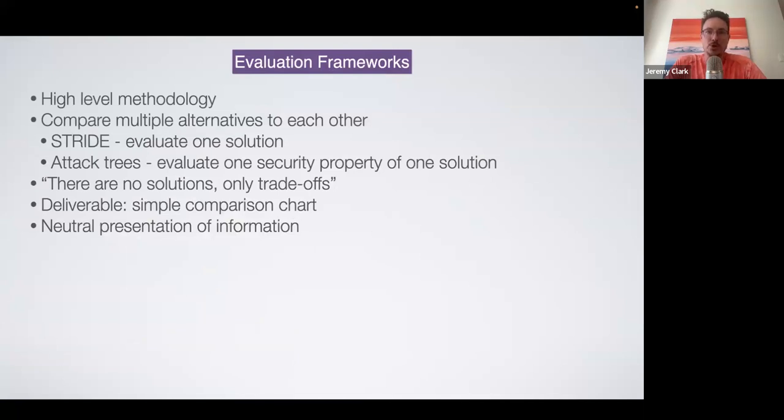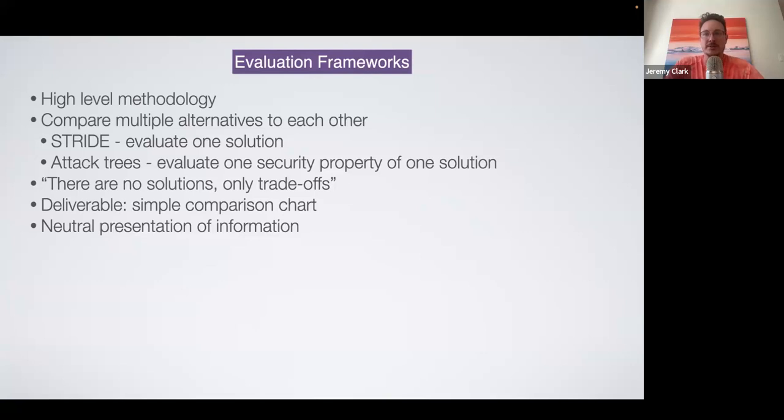It's a neutral presentation of information, meaning you're not trying to sell someone on something. A car company might make a chart like this because they want to sell you on their car. And so they're going to have all the dots across the chart and none of the competitors will have them, right? That's not the point of an evaluation framework.